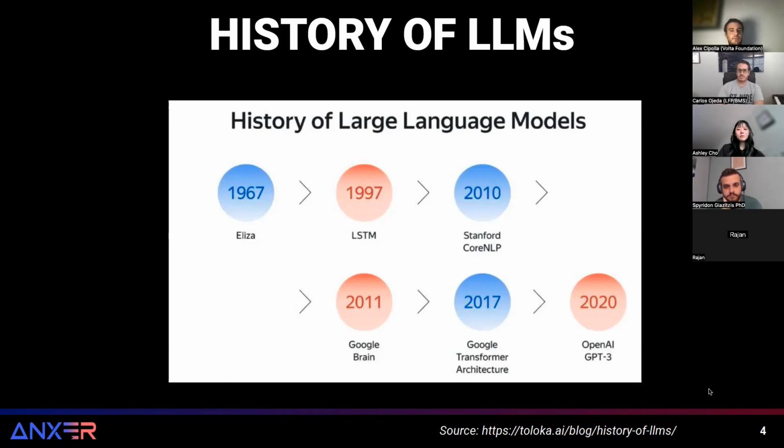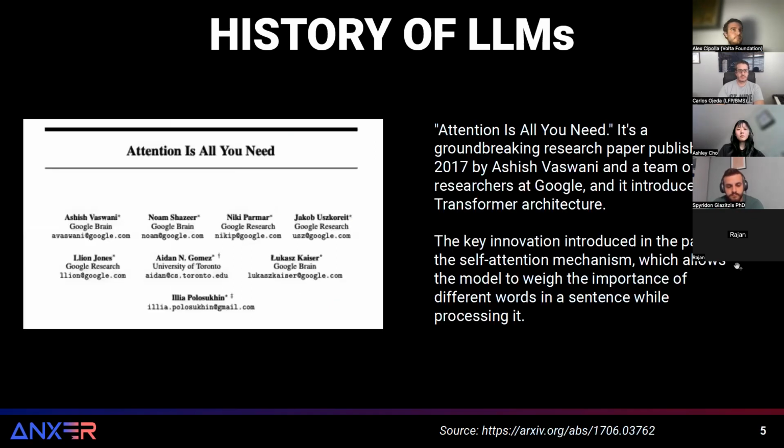But the real breakthrough in this sector happened in 2017 with this exact paper, which I think is going to go down in history as one of the papers that changed at least science, let's say.